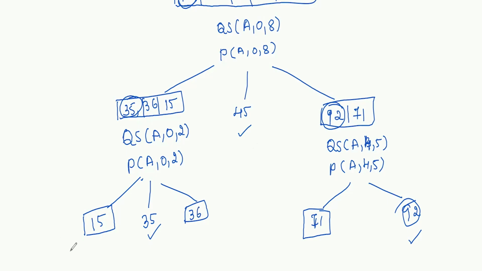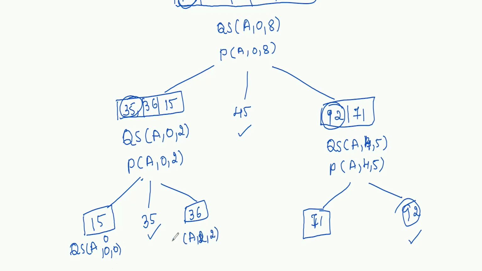Now suppose I'm calling a quicksort function here for a single element. Let us see what happens. The position of this was 0, so it is going to be a comma 0 comma 0. And here, 1 is this one, it is going to be a comma 2 comma 2.